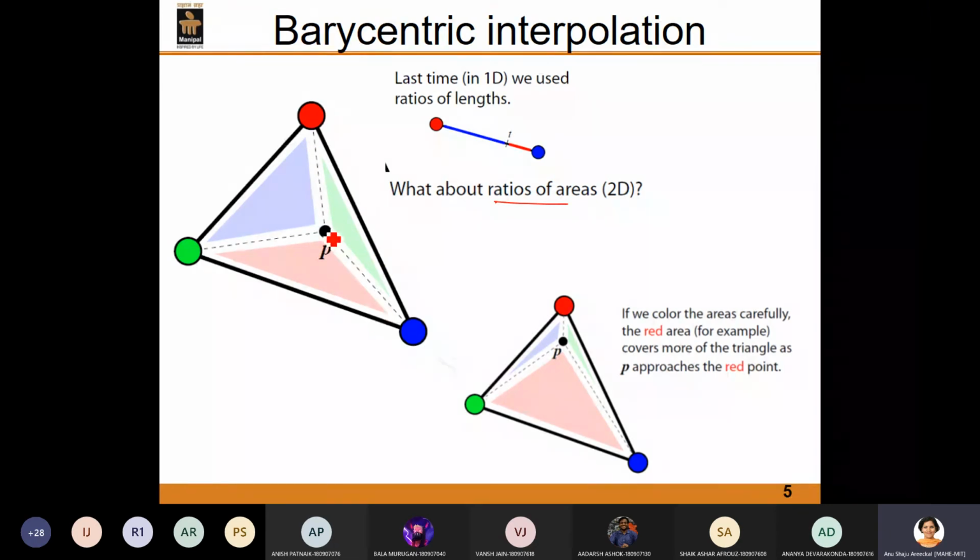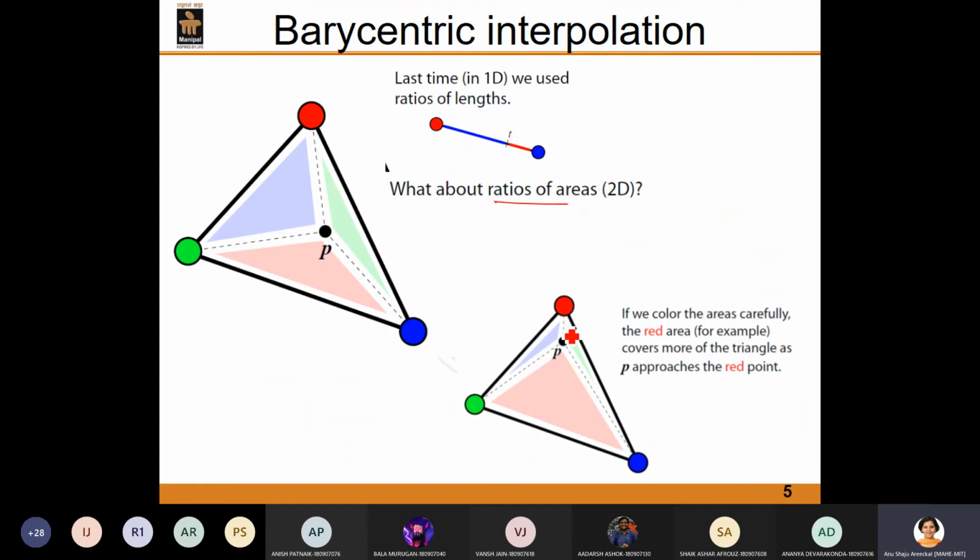And as you change the position of P, the percentage of blue, red, and green that gets added in the average would keep changing. The weights of these colors keep changing. For example, let's say the point P is moving towards red. If P is at this position, red itself, then my whole triangle is just red, so the value is red, as we see in the figure.